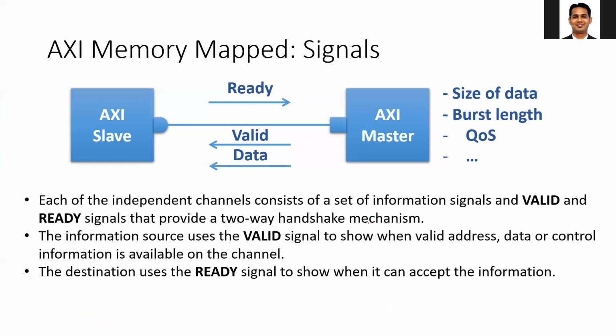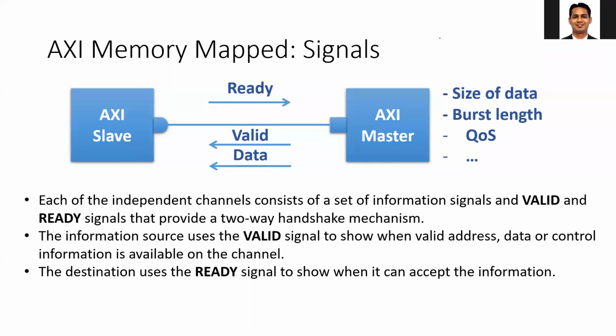For example, in case of the write data, you will have the information signal, which is the data. Along with that, you will have the valid and the ready signal, which will provide the handshake between the master and slave. What is the handshake? The point at which the data is transferred from the master to the slave.